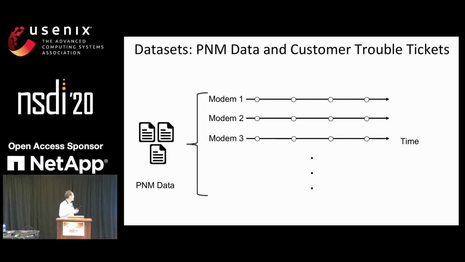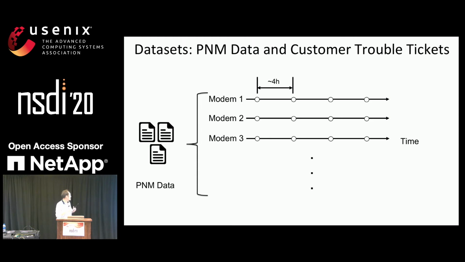Okay, so now I will show what our data set looks like in this slide. We mainly have two parts of data set, as I mentioned just now. One is the PM data, and the other is the customer trouble tickets. The PM data is collected from the cable modems. From this figure, we can see that each cable modem has a bunch of PM data points along the timeline.